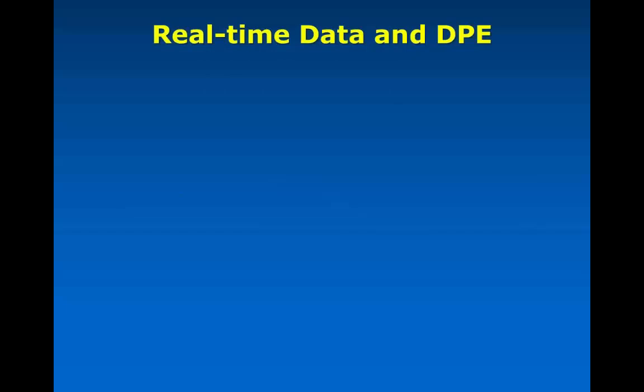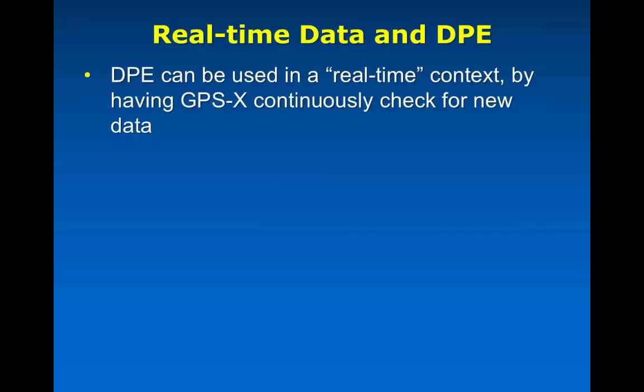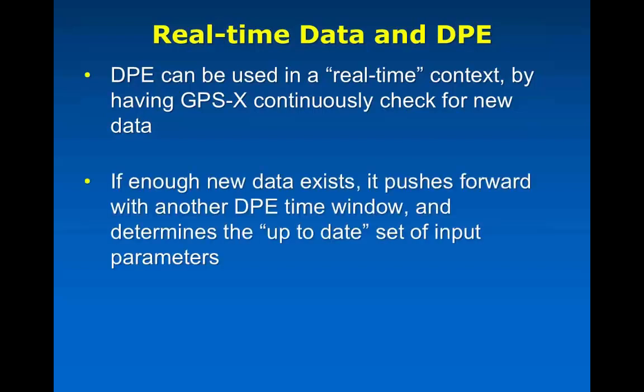But in the case of doing it with real-time data, GPS-X actually has some tools built in that can continually check for when new data becomes available. So you specify a certain number of files that you would like it to monitor. Those are the ones that are going to be updated when new data becomes available from the plant via the SCADA system or whatever data collection system you are using.